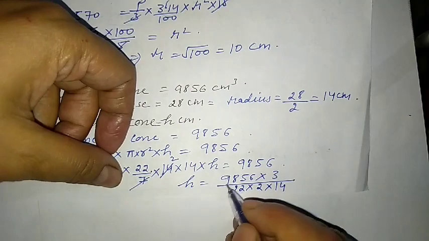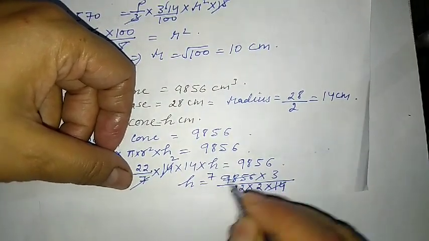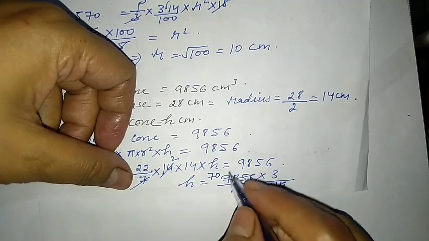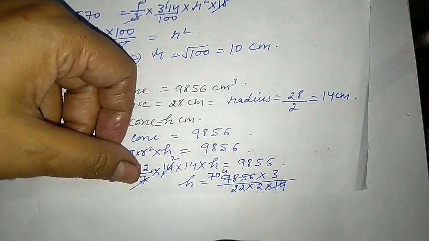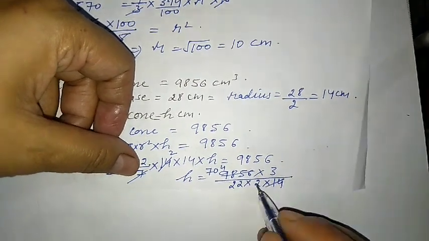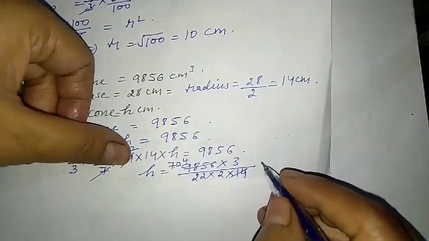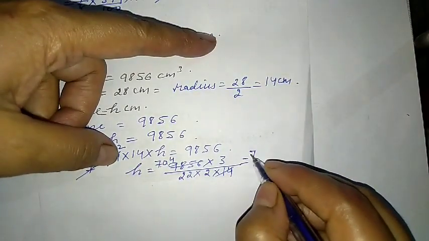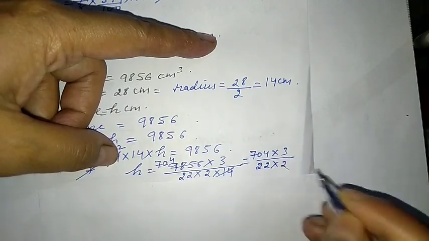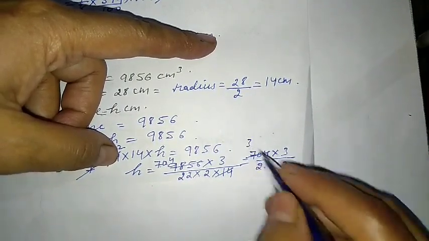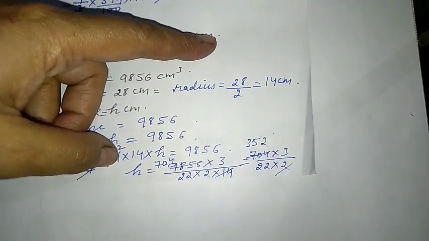So this 14 and 9856 can be cut. 14 7s are 98 and 14 4s are 56. Now we have cut this 704 by 2. So this 2 we are having 704 into 3 upon 22 into 2. This can be cut. 2 3s are 6. 2 5s are 10. 2 2s are 4.